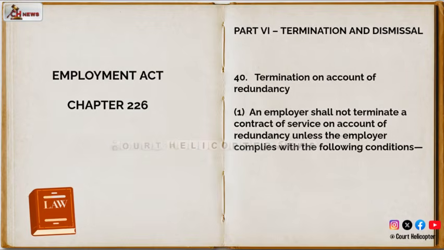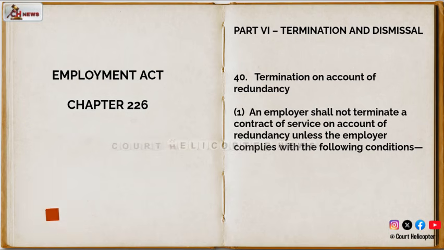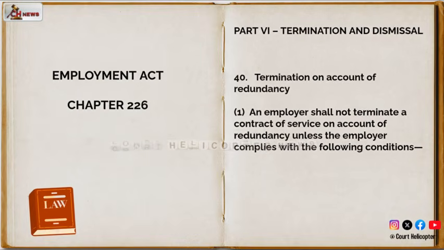Then we have what we call termination on account of redundancy. Has your employer said that now we are declaring you redundant? I'll be very slow on this because most companies are going to be declaring their employees redundant. What does the law say on redundancy?